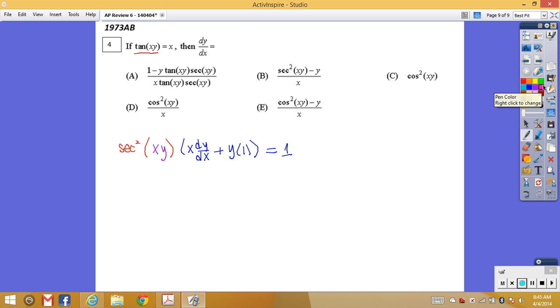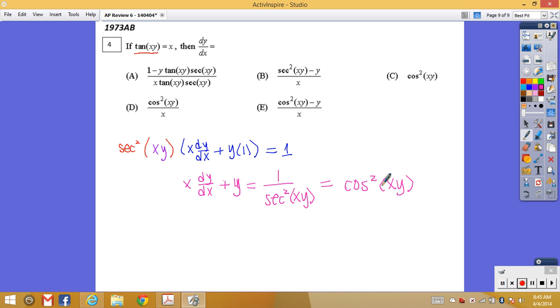Let's start moving some terms around. So this term I would move to the other side of the equation, and I would get x dy dx plus y is equal to 1 over secant squared of xy. But that's the same thing as the cosine squared of xy, so I have a feeling that they're going to want to use that term.